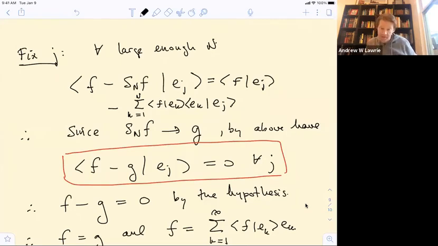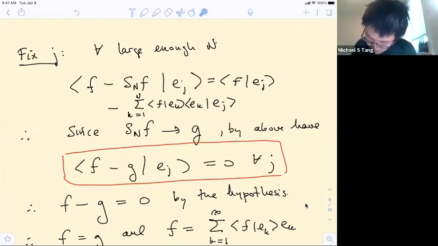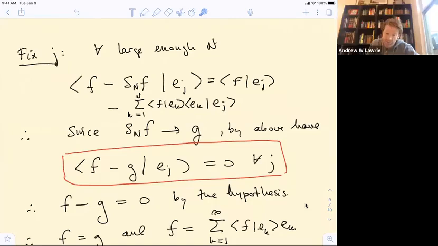So the pairing happens term by term, right? And now note that the E_K are orthonormal, so this thing vanishes unless K is equal to J. And as long as I take N large enough, I ensure that J is fixed.